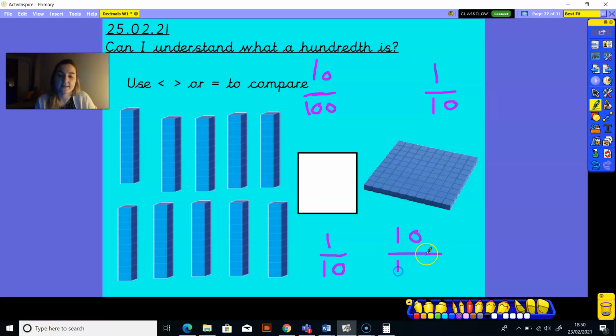Now I've noticed that with these numbers, you can times the numerator and the denominator both by 10, and this is the answer that we're given. So we know that these fractions are equivalent. And we can also see that 10 of these hundredths fit into one of these tenths. So it would be equal. They're just broken up here to be equal. Okay, so they are equivalent to each other. So this is where looking at equivalent fractions comes in handy.